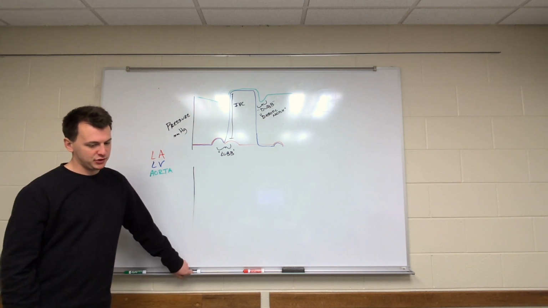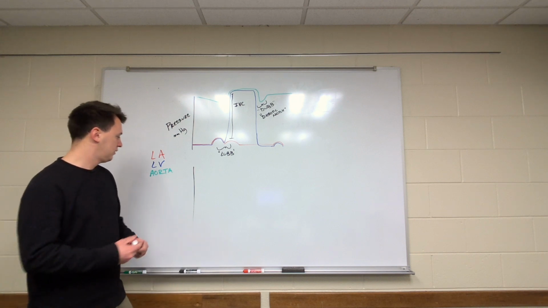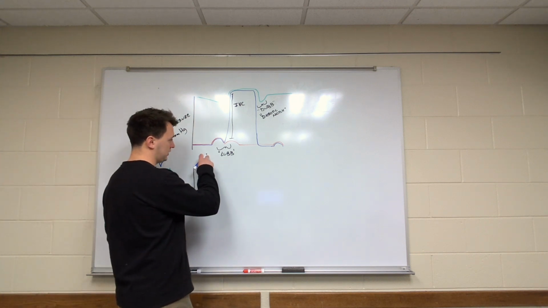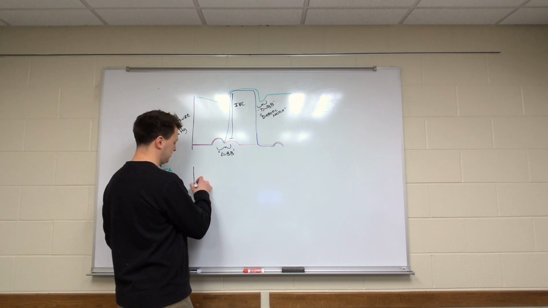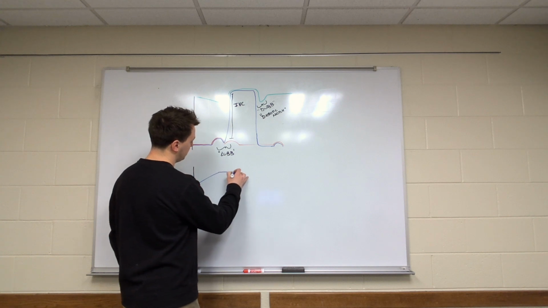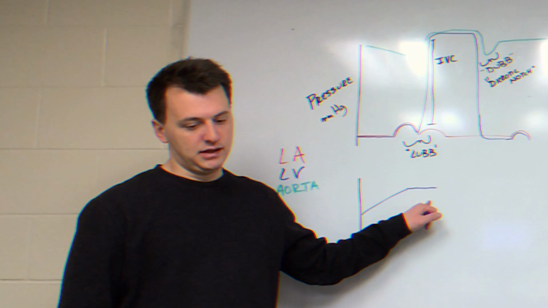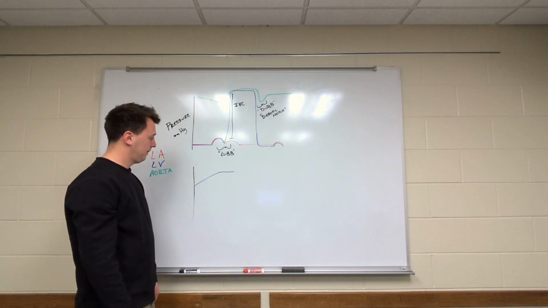And the volume in the ventricle increases as the atria top it off. So it's like this. And then during isovolumic contraction, it stays right here, stays flat.